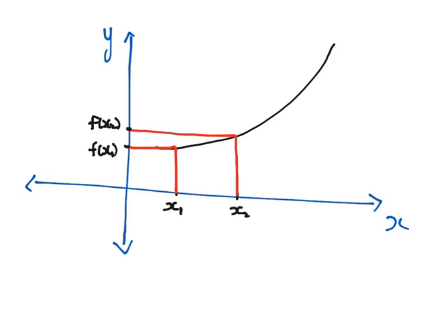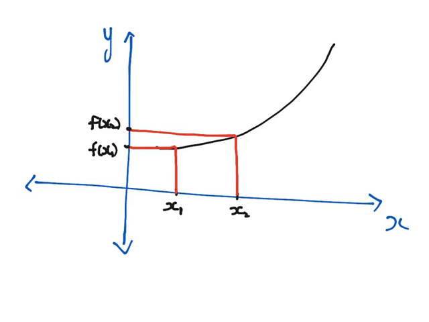Now we can see that x1 is smaller than x2, and we also note that f of x1 is smaller than f of x2 in value. So x1 smaller than x2 gives me f of x1 smaller than f of x2, isn't it?